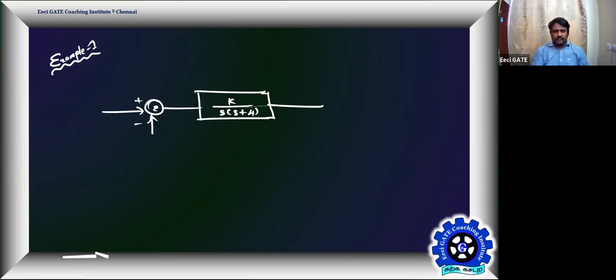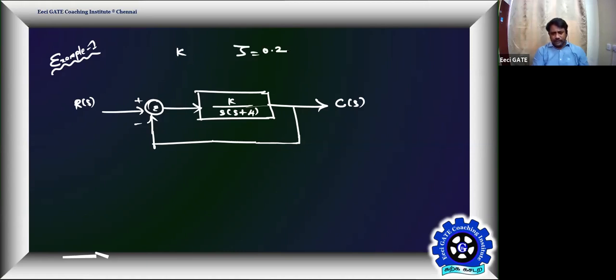First example: a unity feedback closed loop control system, with C(s) as output and input R(s).